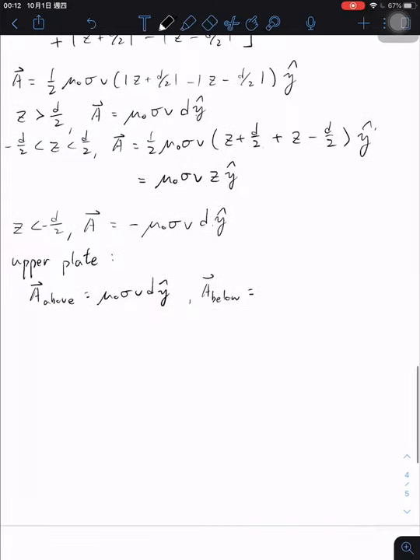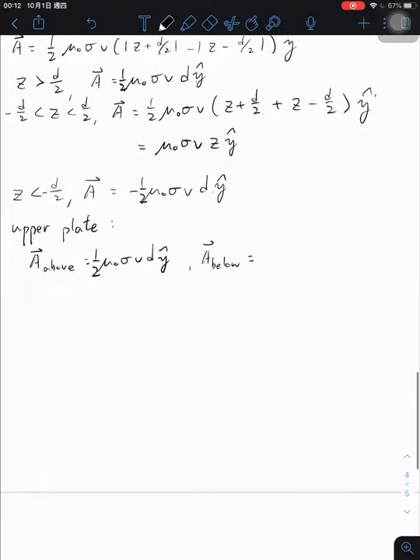It seems that I missed a factor of 1 over 2 in both cases. Sorry. So we have 1 over 2 here above, and for below we can just substitute z equals, again, d over 2. So it is the same as the vector potential above.